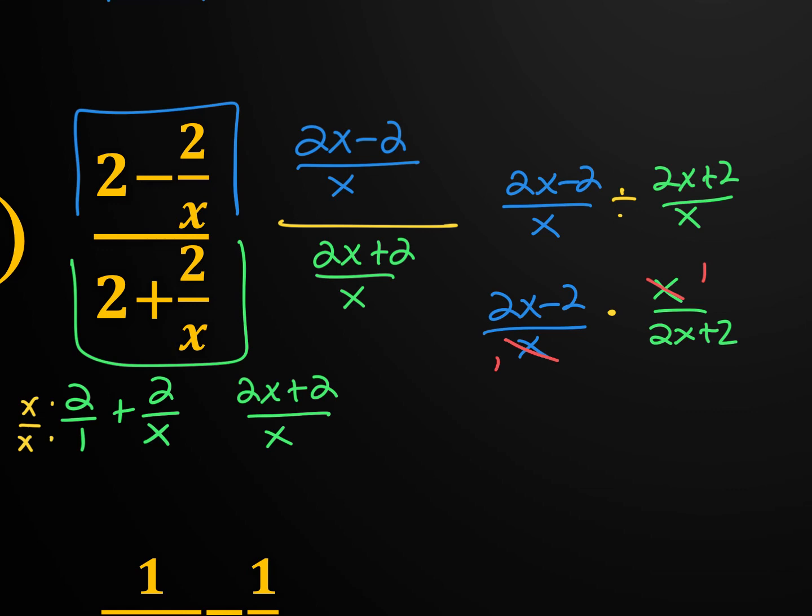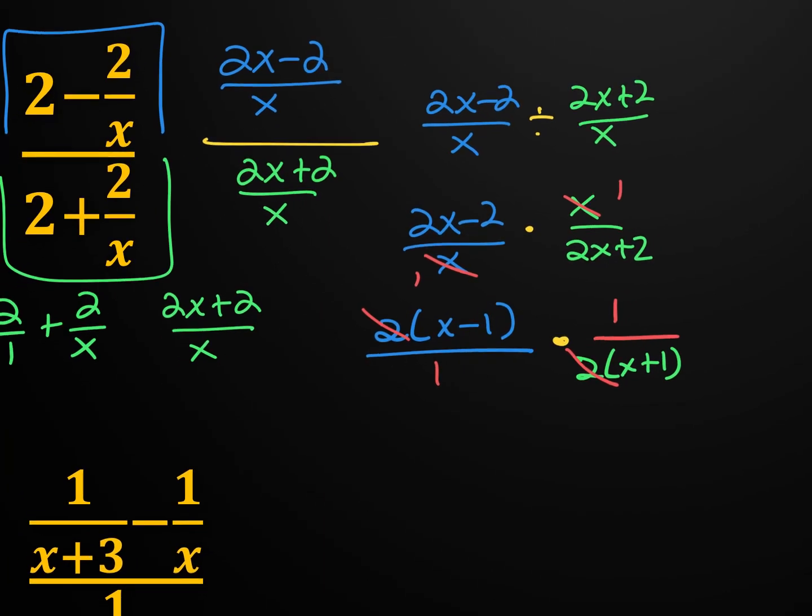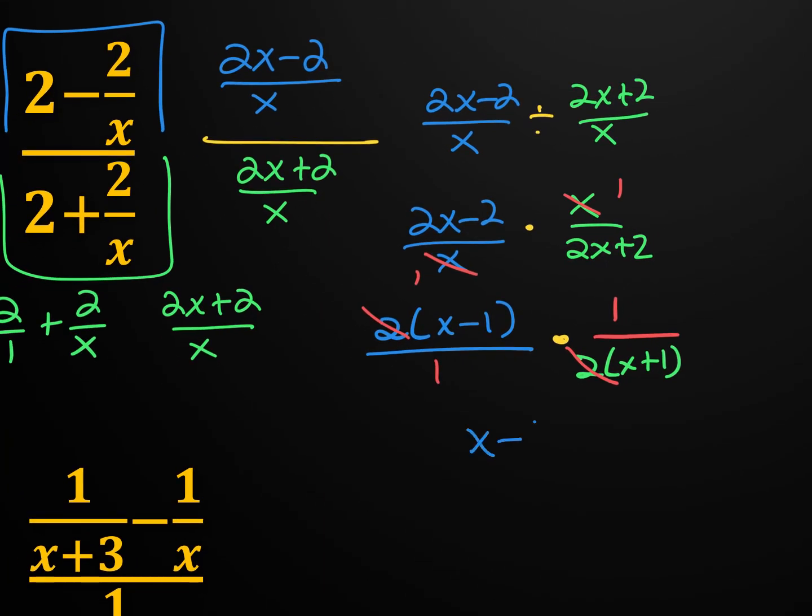So out of the top of the blue, I'm going to pull out a GCF of 2. And then I had the 1 that I canceled it to. And then same thing here. The x became a 1. Pull out a GCF of 2 here. And now I can cancel out the 2's. And now my final answer is just the x minus 1 over the x plus 1.